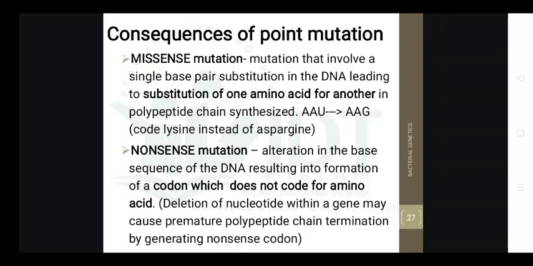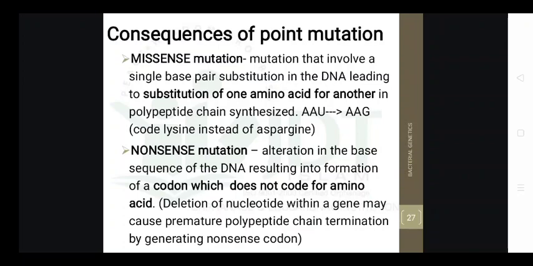For example, in the codon AAU, a mutation occurs at uracil and it changes to AAG. We should get asparagine as the amino acid, but after the mutation we get lysine. Such a change is what is called missense mutation.